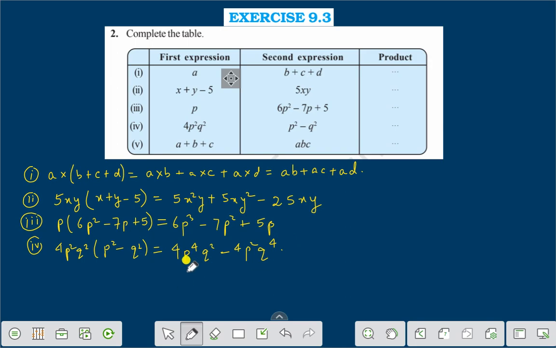Now solve question number 5. Question number 5 here you see is ABC into (A plus B plus C).